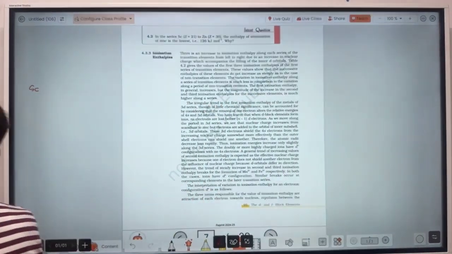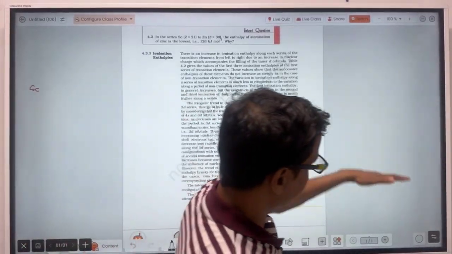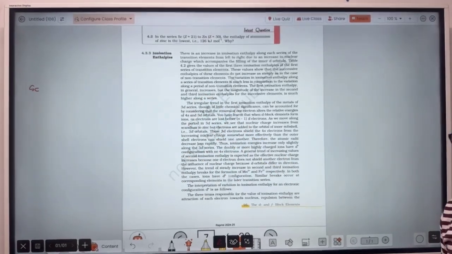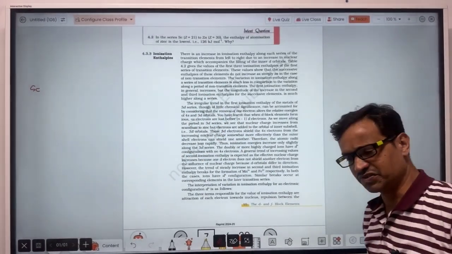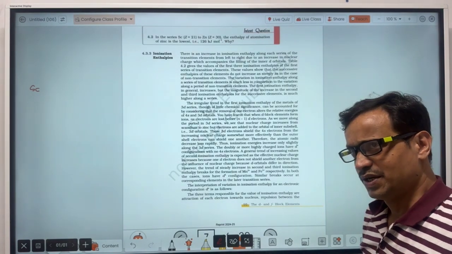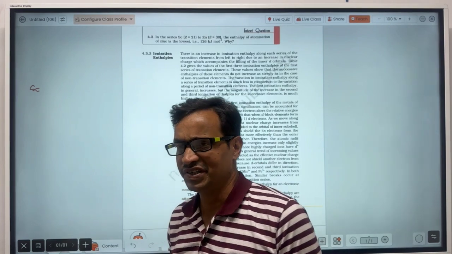So for scandium, I am writing the total electronic configuration, and then I shall write only the outermost electronic configuration, because the ionization enthalpy will depend only on the outermost electronic configuration.